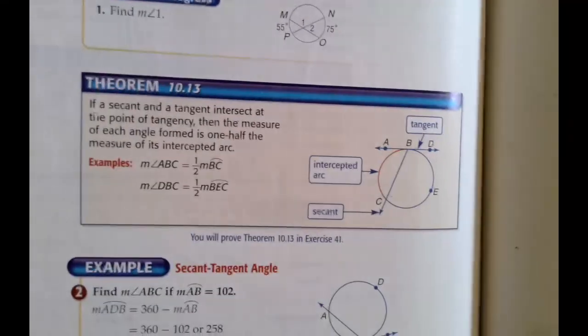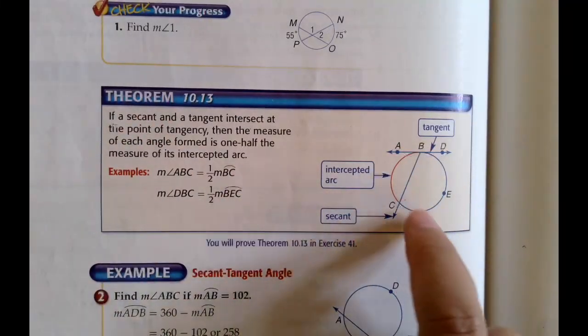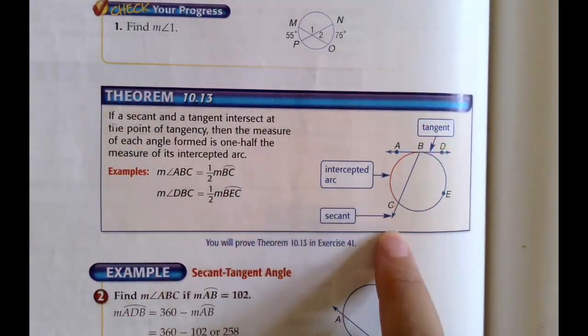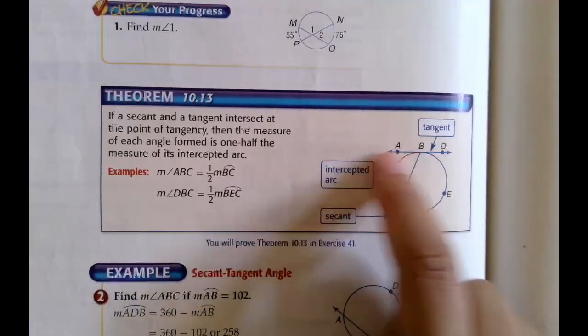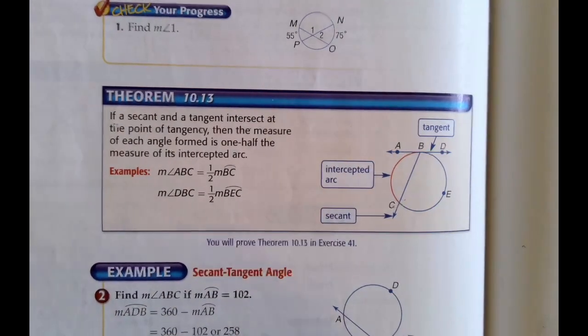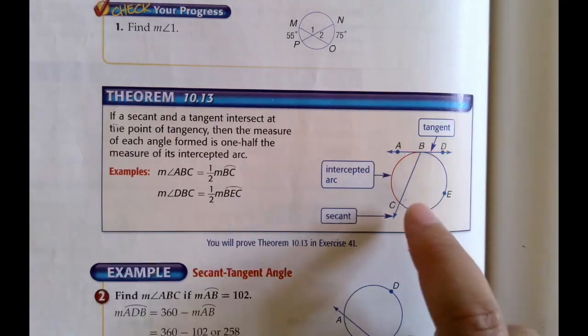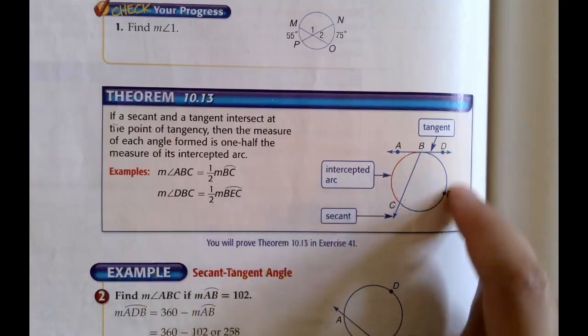If a secant, which we see here because it touches the circle here and here, and a tangent intersect at the point of tangency C, then the measure of each angle formed is 1/2 the measure of the intercepted arc. So angle ABC is half of this arc, and angle DBC is half of this arc.